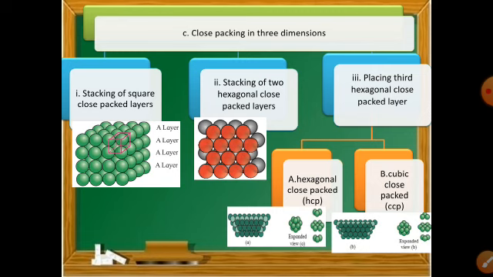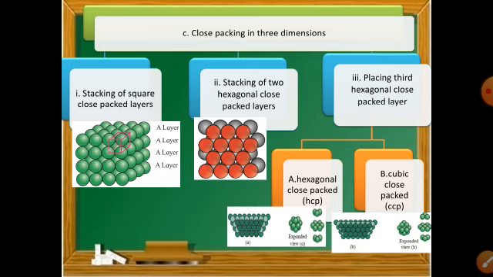In the same way, the second will have the same alignment with the fifth one, and the third one will have the same alignment with the sixth one. So such a type of arrangement is called an ABC type of packing in three dimensions.